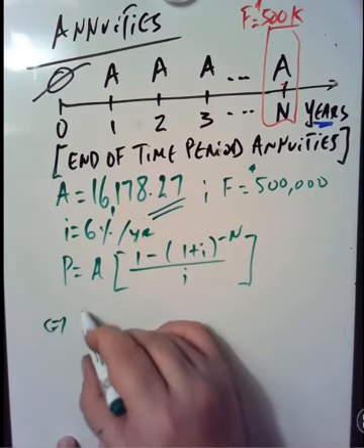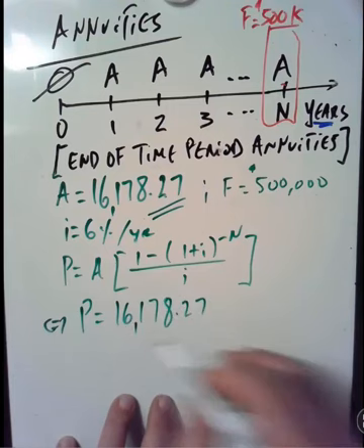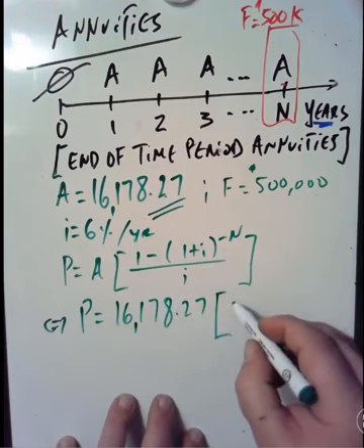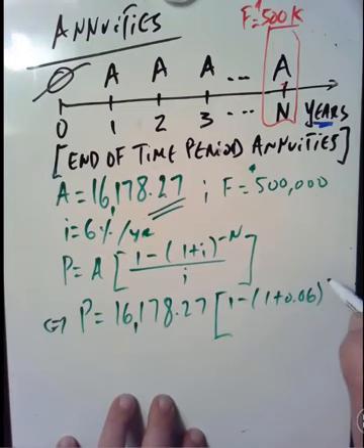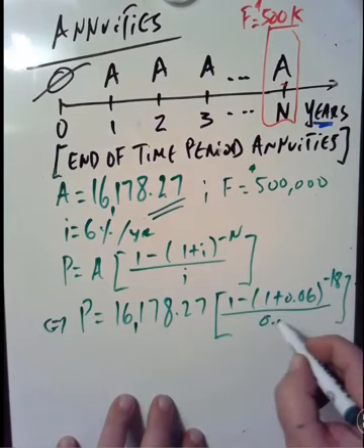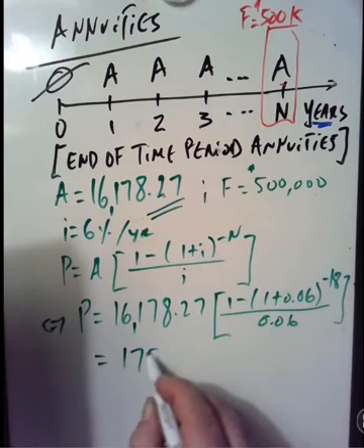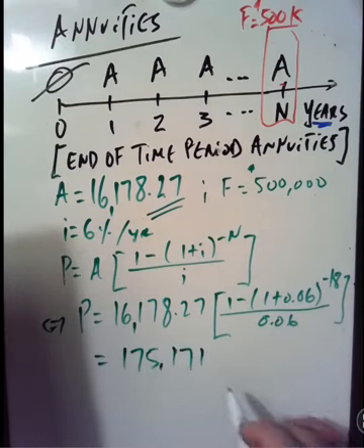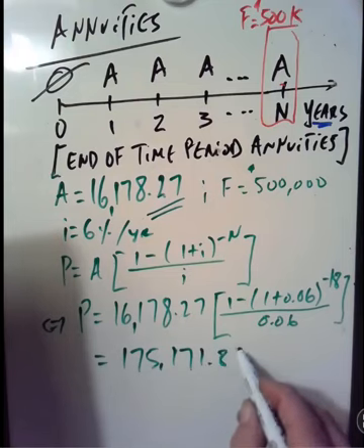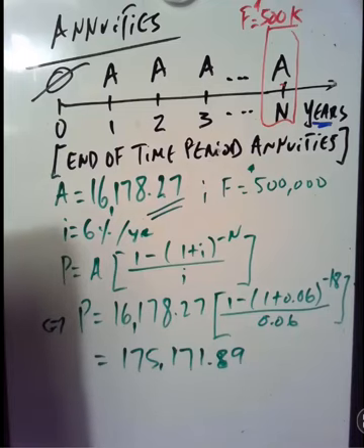Given that the annuity is $16,178.27, the interest rate is 6%, and n is 18, the result is about $175,000.